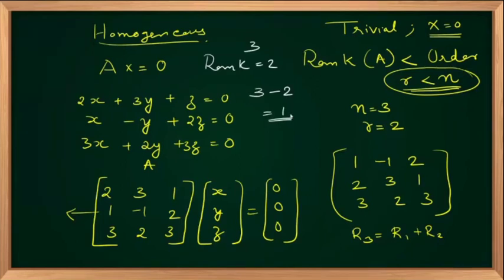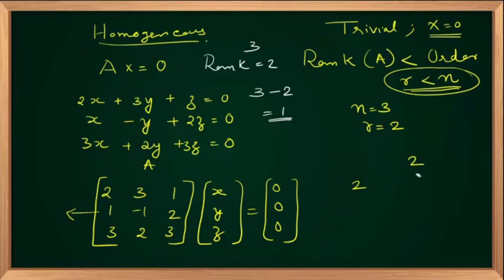One set of solution. What do you mean by one set of solution? That means suppose I have one solution obtained for this particular equation. We don't know the solution; I have not calculated it, I have just written the matrix. So I am assuming the solution is x equal to 1, y equal to 2 and z equal to 3.